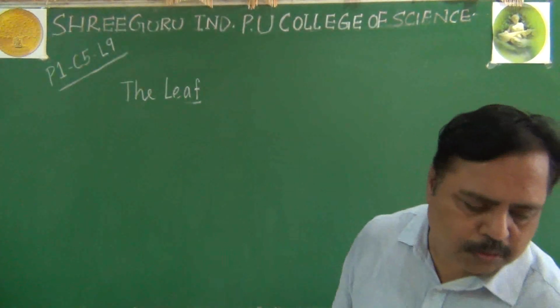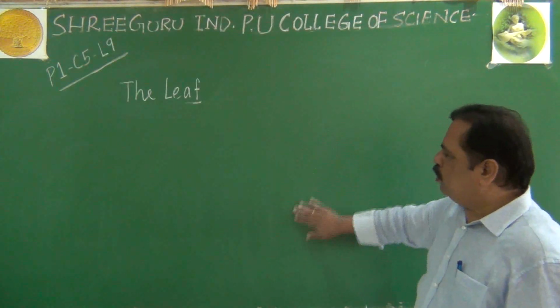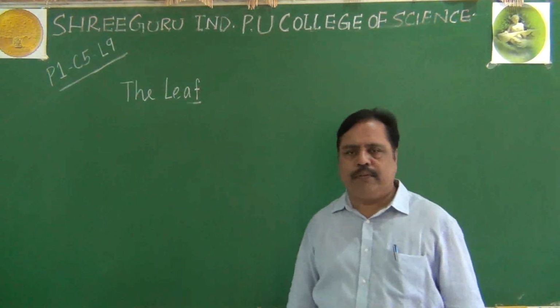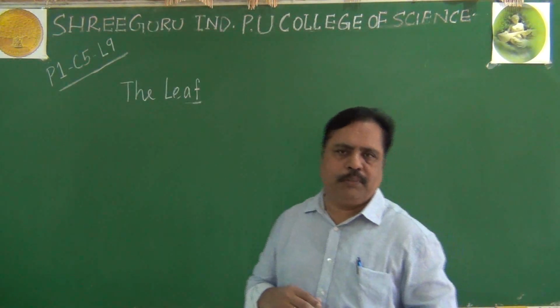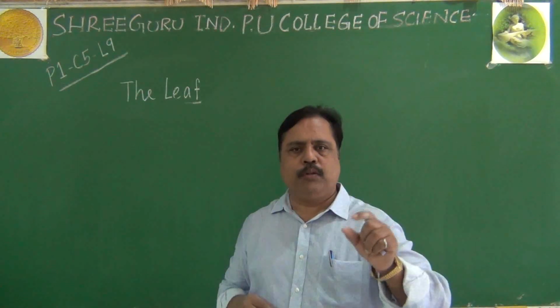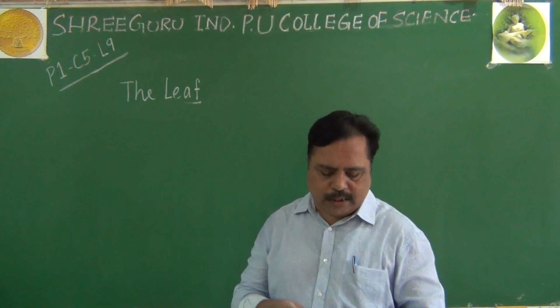Now we started about the leaf. In the leaf, I told you about structure of a leaf also, where base, petiole and lamina will be present. We have seen about types of leaves also, simple leaf and compound leaf.